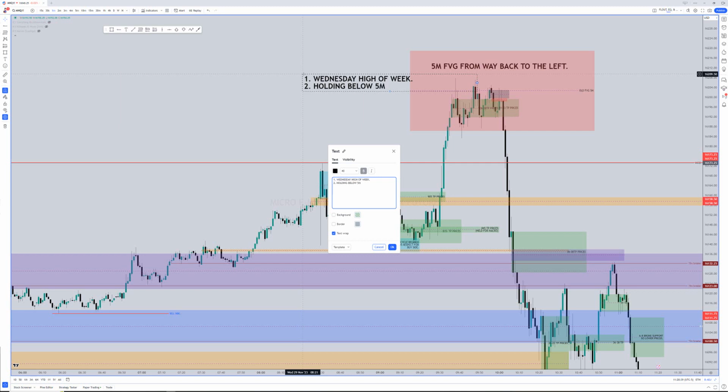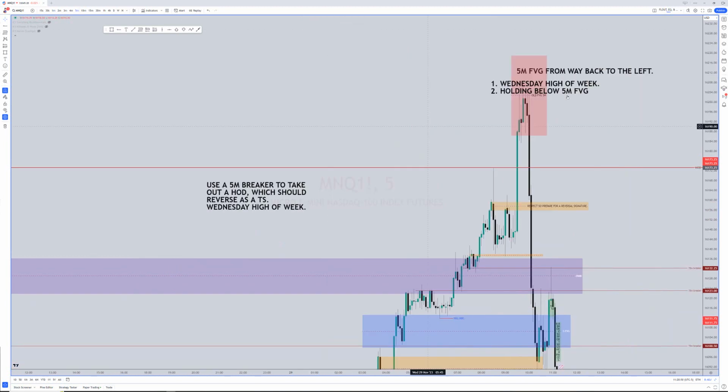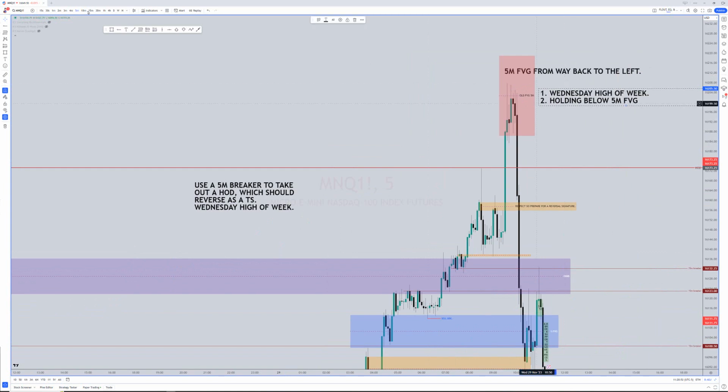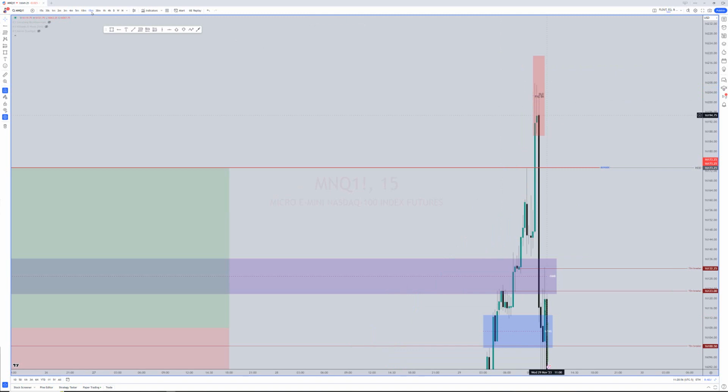Now watch this. This is important because on the 1 minute, we only have 2 bars that go above it. But look at the 5-minute. All of the bars are below it. Look at the 15. All the bars are in the bottom quarter. Look at the 1 hour.